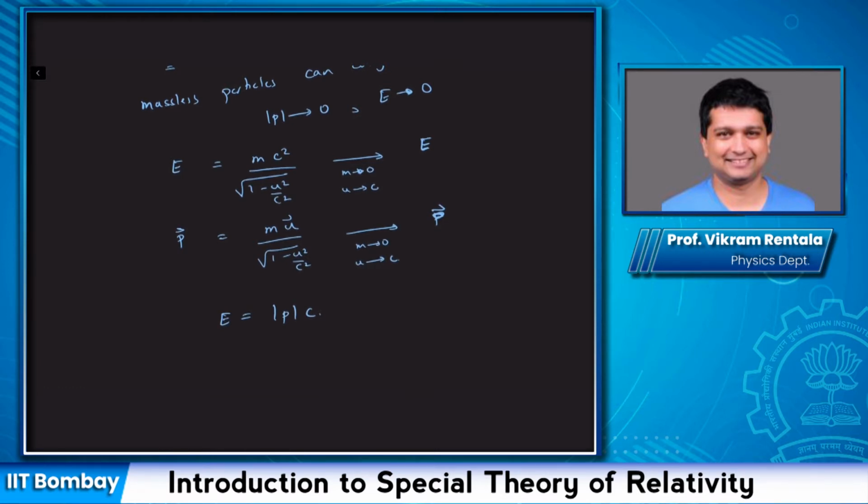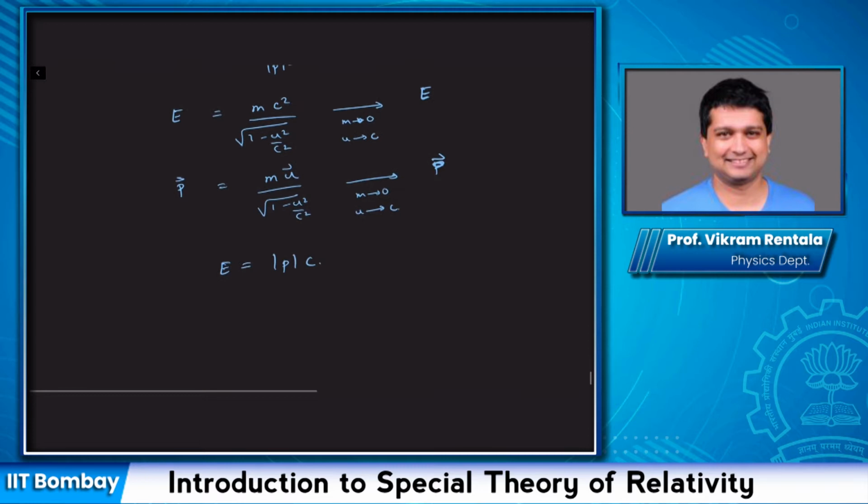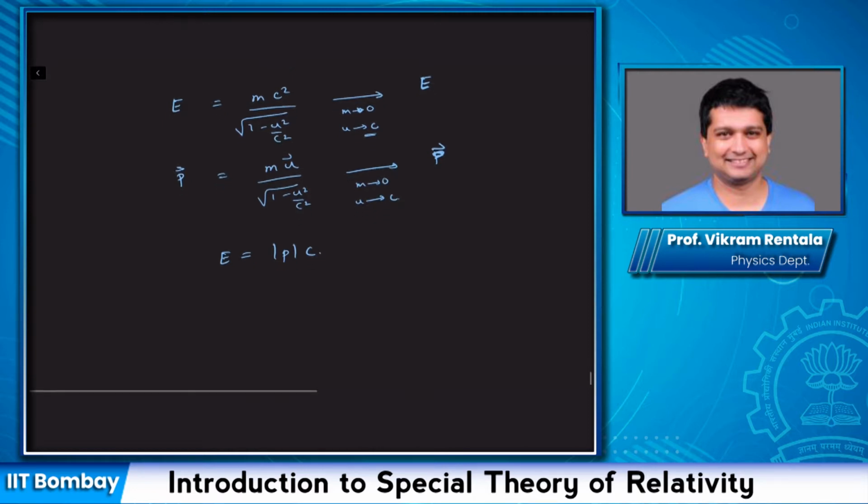Now, what this also tells you is that the only way that a particle of 0 mass can exist is if it's traveling at the speed of light. If it's traveling at any other speed, it would have 0 energy and 0 momentum, and therefore it would not exist.